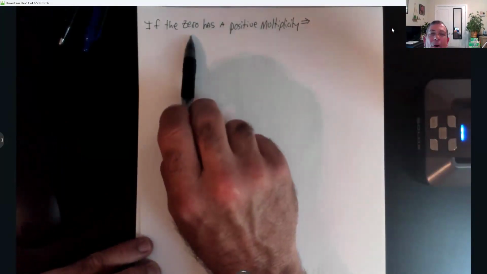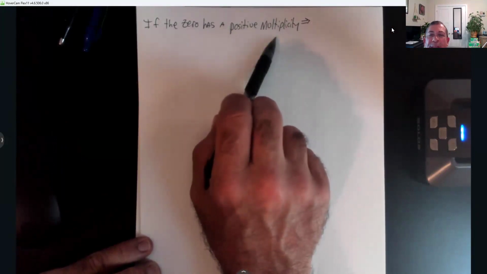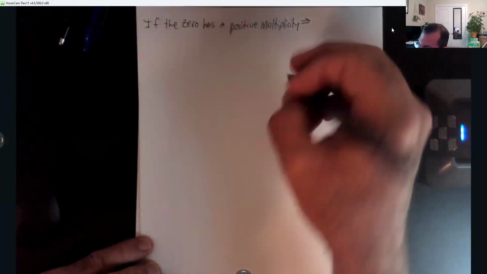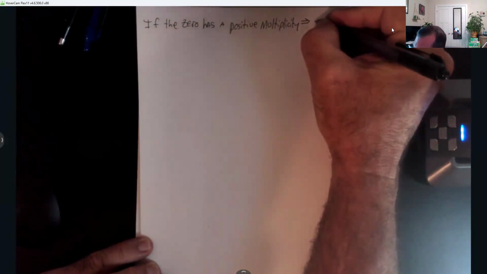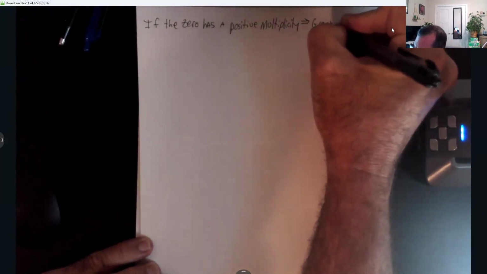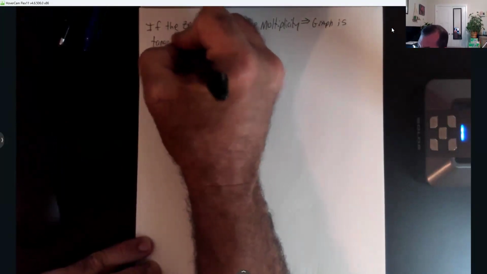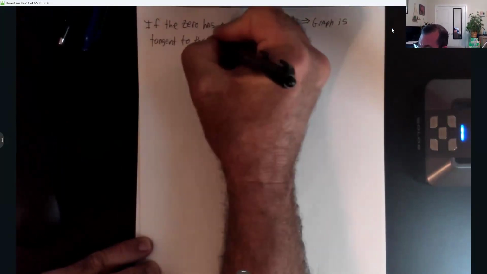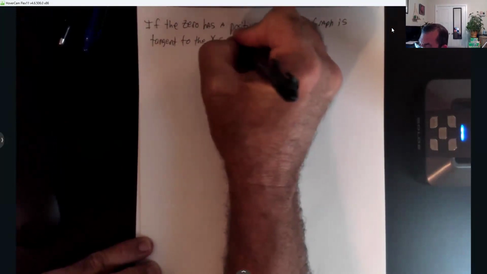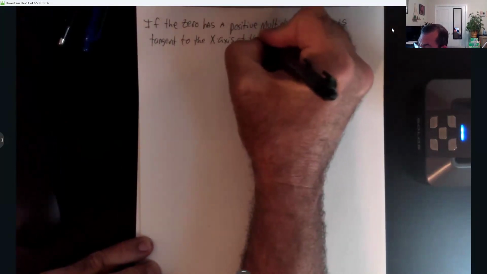So if the zero has a positive multiplicity, then the graph is tangent to the x-axis at that zero.